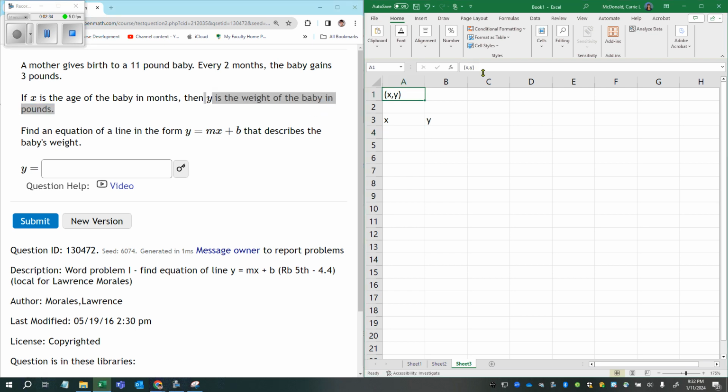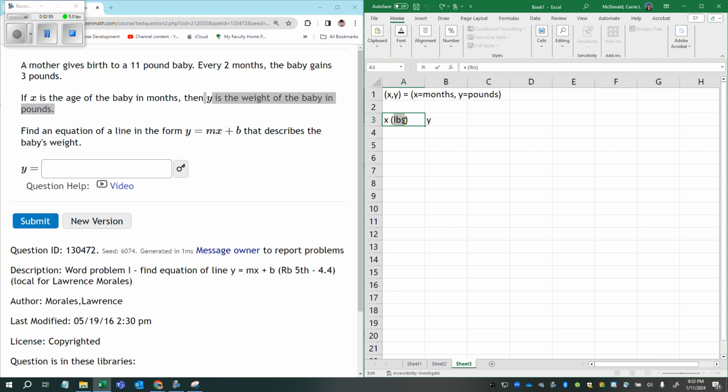So maybe we could do something like X equals months, comma, Y equals pounds, to help us remember. So if X is the pounds, and oh no, I said that wrong.